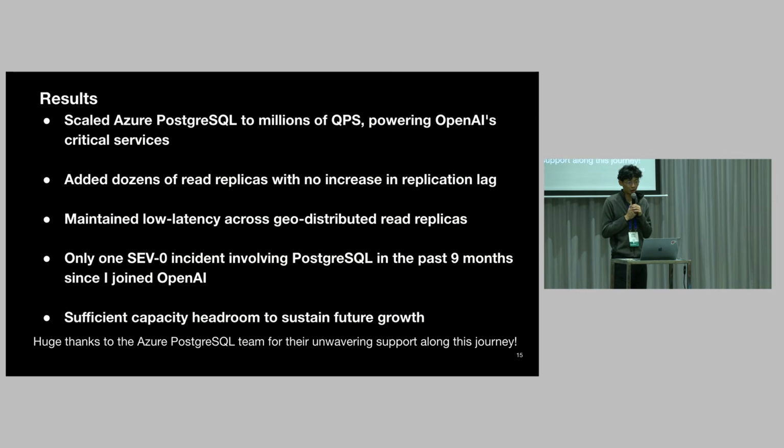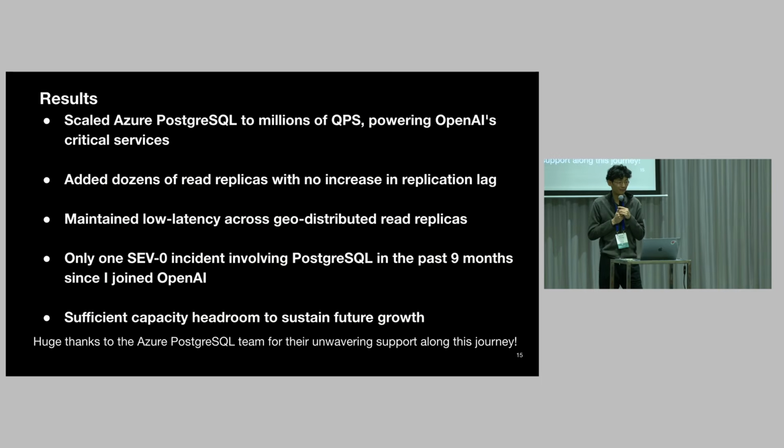And since I joined OpenAI, in the past 9 months, there has been only one SEV-0 related to Postgres, especially because we had unexpected huge write spikes in Postgres. And I think at that time, many systems also had issues because we didn't expect such huge write spikes.